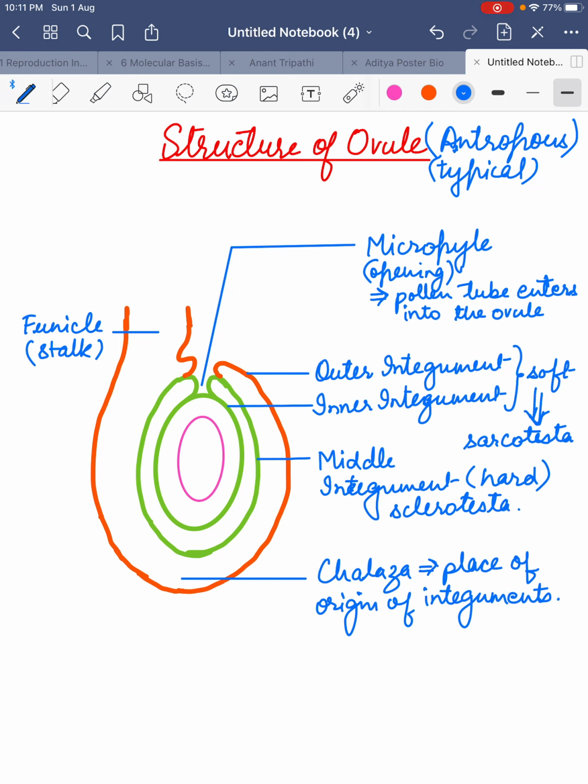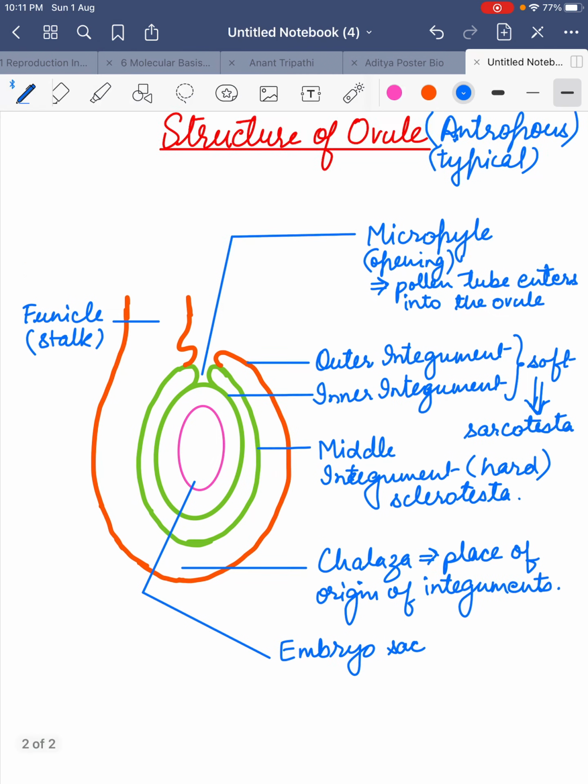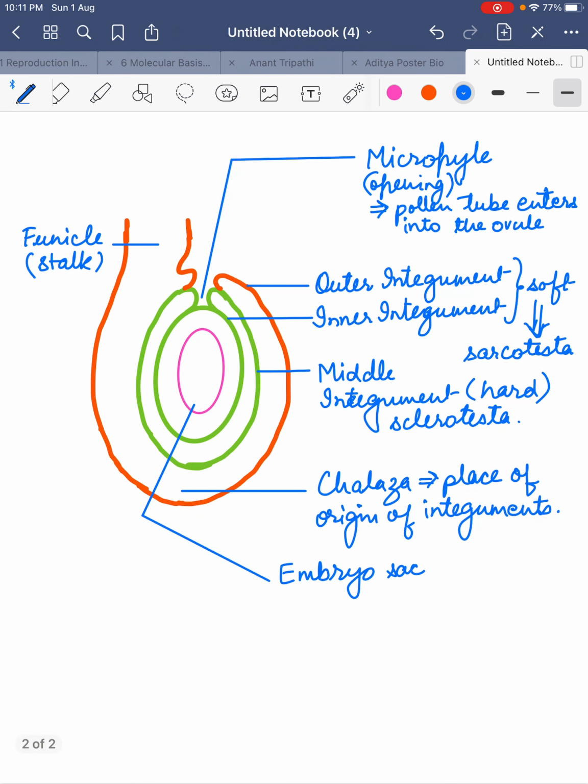Okay, now we come to the embryo sac, which is the main part of ovule. So the embryo sac is this part. It is in the middle of the ovule. Embryo sac is the female gametophyte.